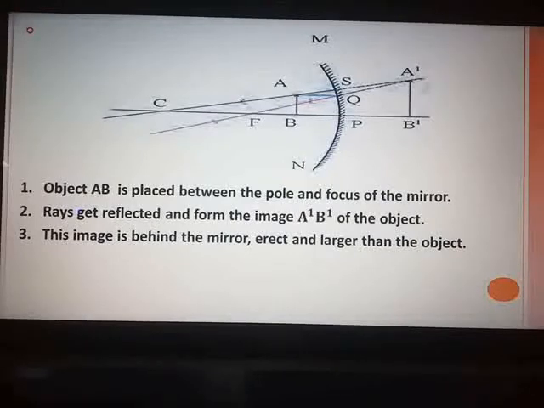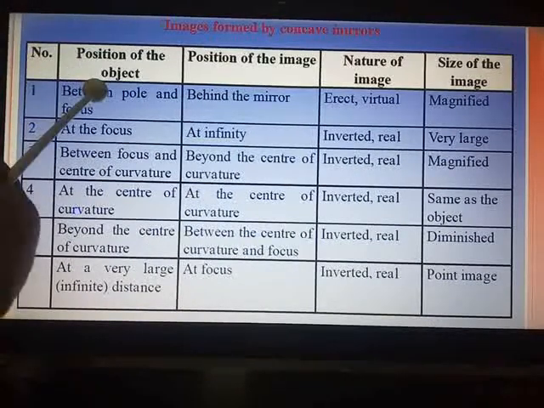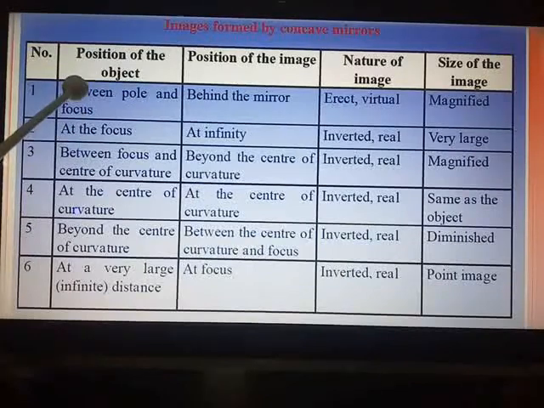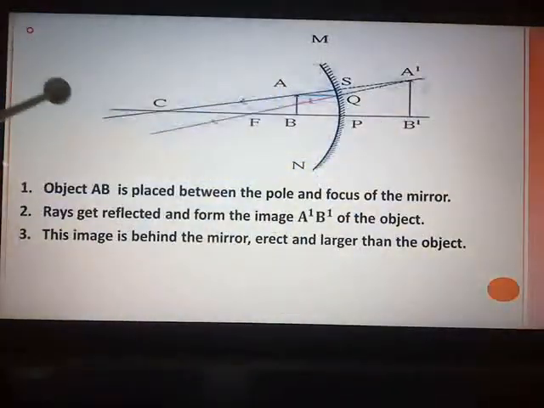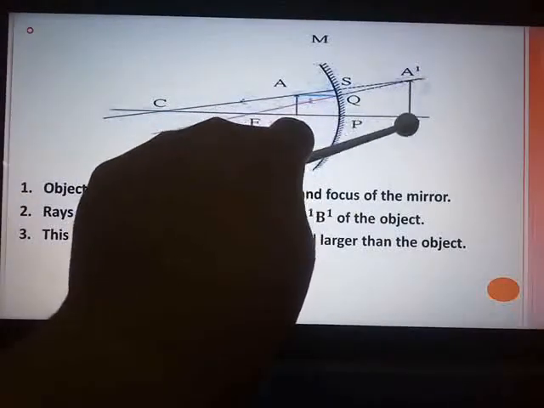Now in the table ahead we are going to study the position and the type of image produced by a concave mirror when the object is placed at different distances. First position is between the pole and the focus, which we have seen just now. When the object is between the pole and the focus, where is the image? Behind the mirror.